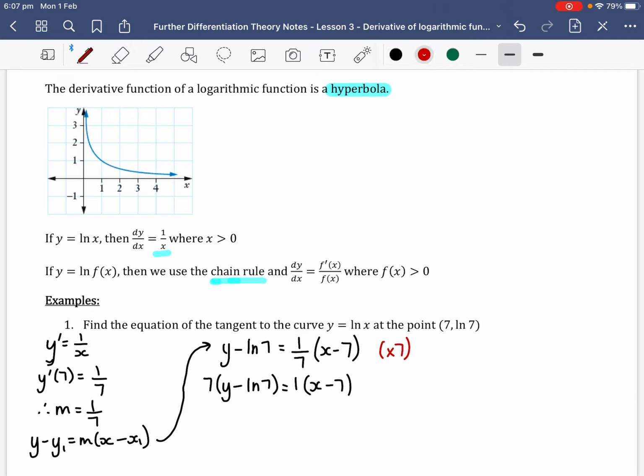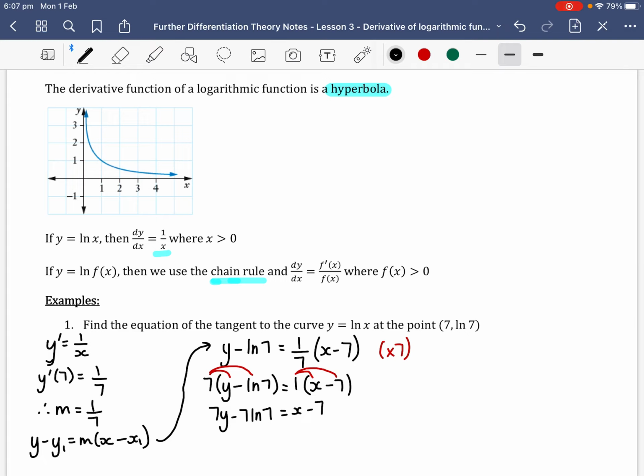We are now just going to expand these brackets. By multiplying the 7 in, we have 7y minus 7 ln 7 equals x minus 7. And then we're going to rewrite this in general form, which is ax plus by plus c equals 0.